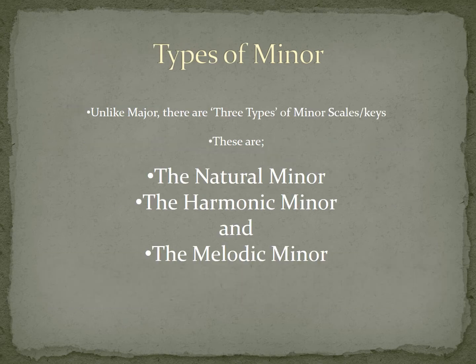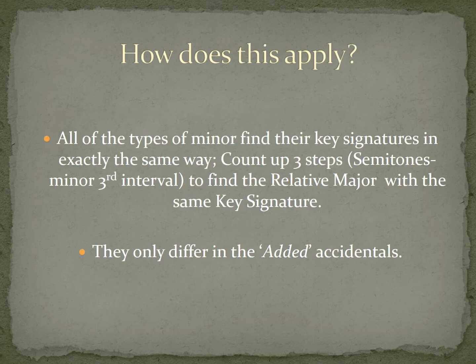Now, unlike major scales and keys, there are actually types of minor scale, and these are called natural minor, harmonic minor, and melodic minor. Now, it doesn't matter what type of minor scale you're going to be required to write out.